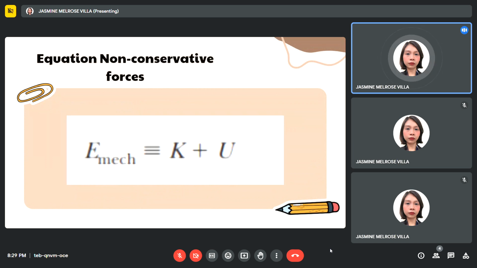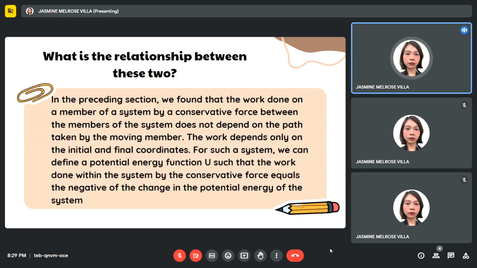While in the equation for non-conservative forces, we have this formula. Now, what is the relationship of these two? In the preceding section, we found that the work done on a member of a system by a conservative force between the members of the system does not depend on the path taken by a moving member.